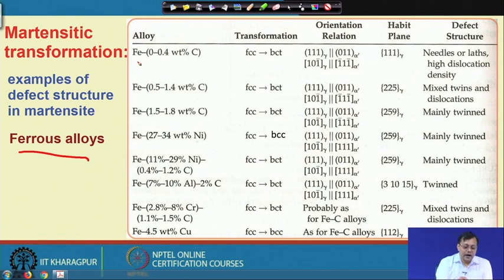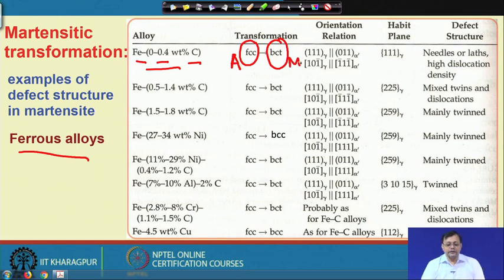So, let us say iron with 0.4 weight percent of carbon. For a eutectoid steel it is 0.8. So, in a low carbon content alloy, face centered cubic is the austenite and body centered tetragonal is the martensite.